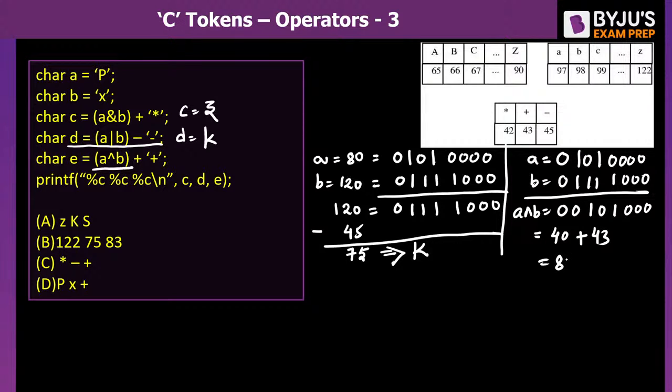This is 83. 83 value would be capital S. That's how C is z, D is capital K, E will be capital S.